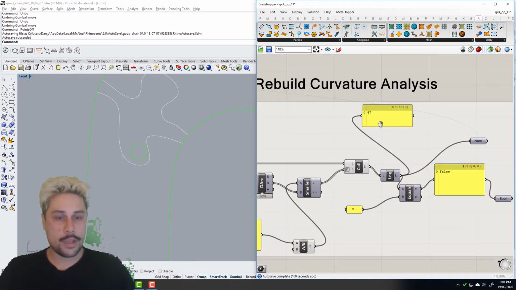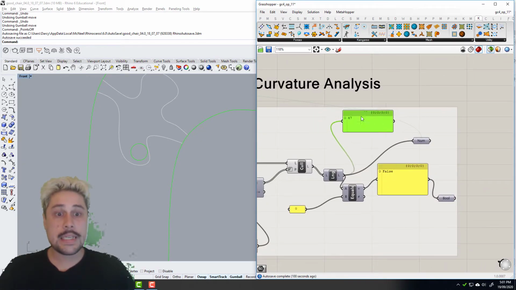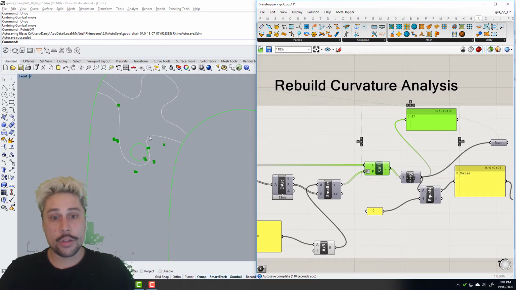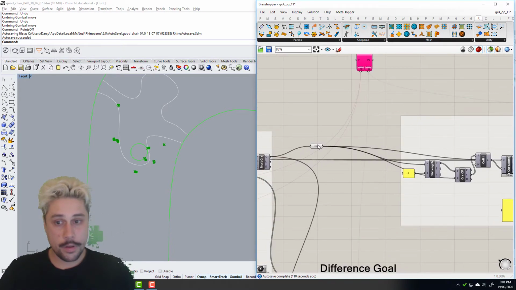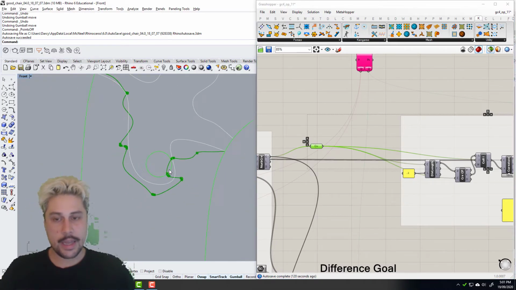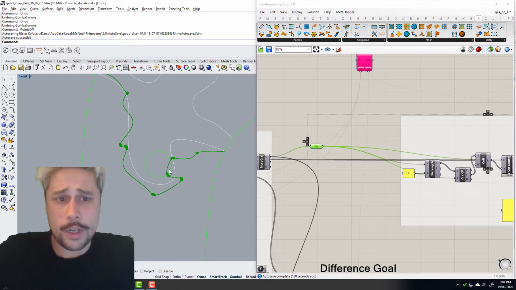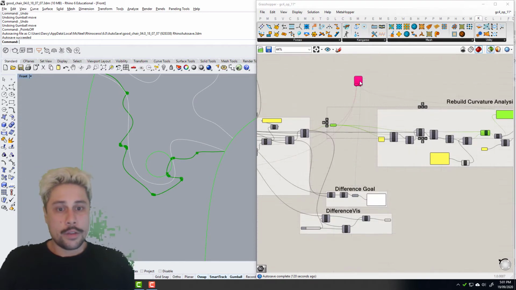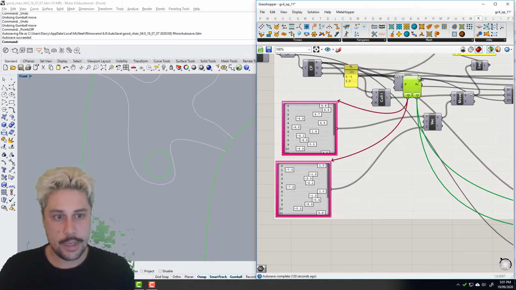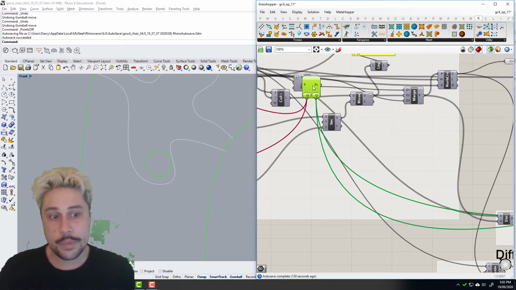And then I also want the goal of minimizing the number of points along the new curve where the radius is less than 4.76. So I've got the X and the Z controls here, which are the main genomes.